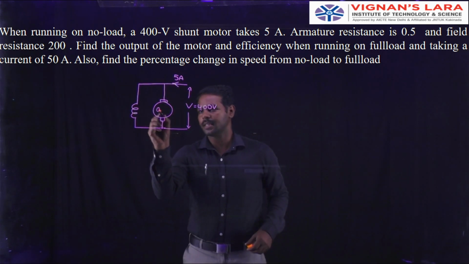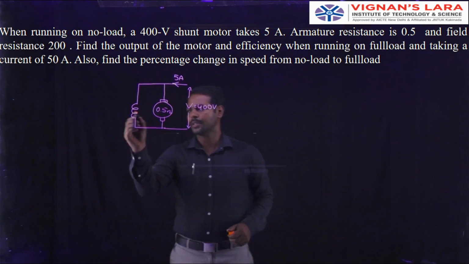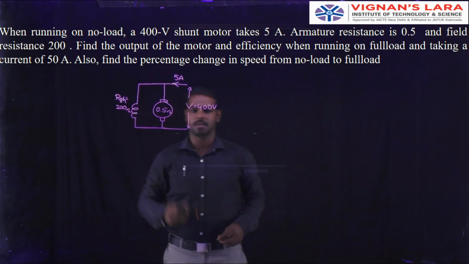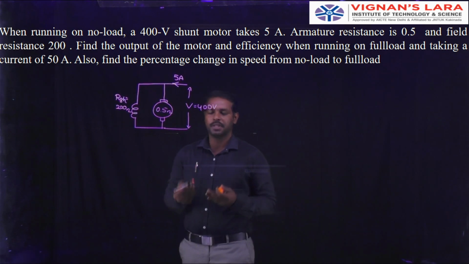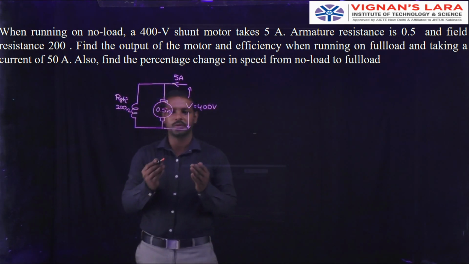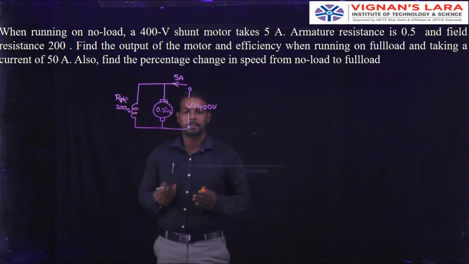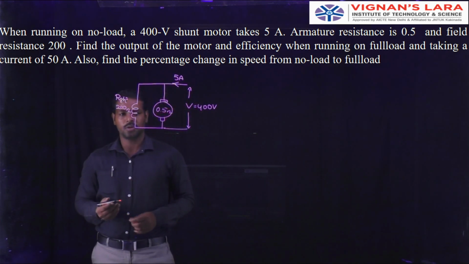Armature resistance is equal to 0.5 ohms. Field resistance, denoted by RSH, is equal to 200 ohms. The corresponding efficiency of the motor is to be calculated when the current drawn from the supply is equal to 50 amperes. We can also find the percentage change in speed from no load to full load.